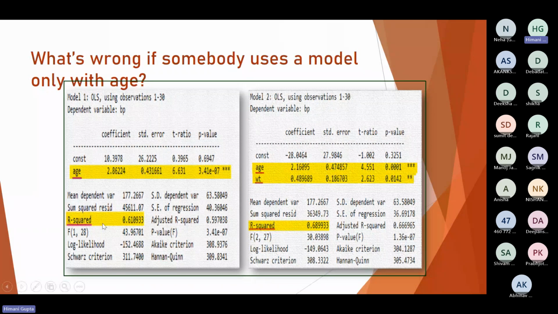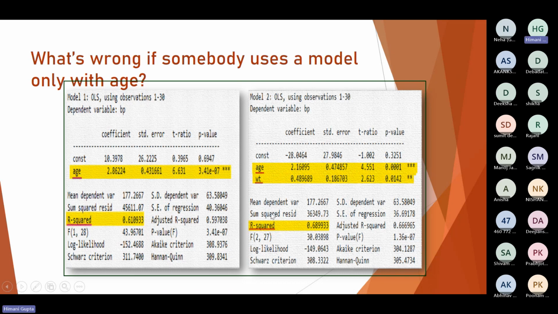Now you can see over here what I have done. I have just made a comparison. Over here I have taken only age as an independent variable. Now I have taken age and weight as independent variables. When I took age and weight, you can see that my R square increased. It's 0.689933 and over here it's 0.610933.